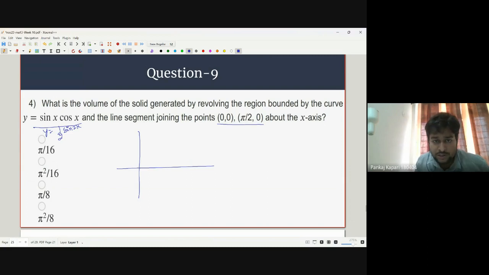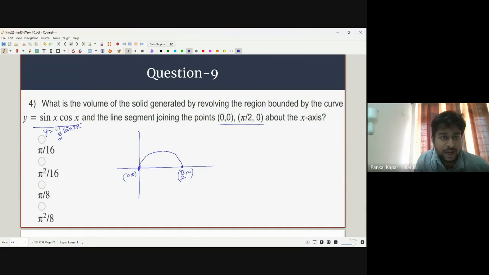So what are these 2 points? So 0, 0 is just the origin, and pi by 2, 0 can be here. This is pi by 2 comma 0. This is 0 comma 0. Okay, and you will see that the curve will join these 2 points, right?